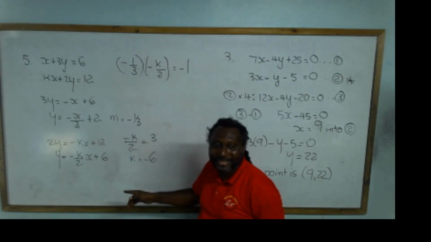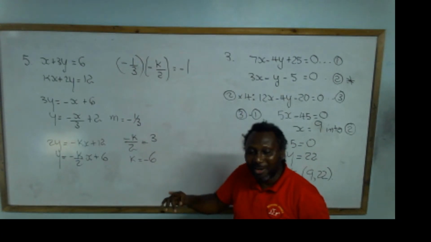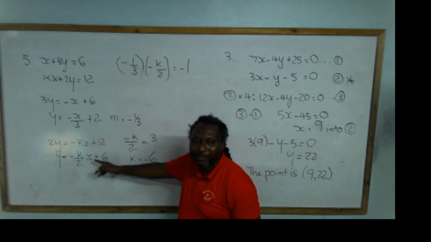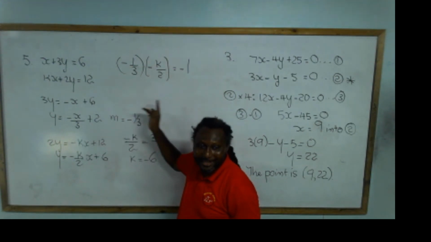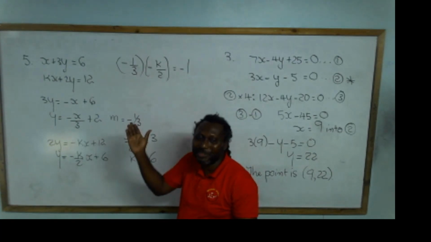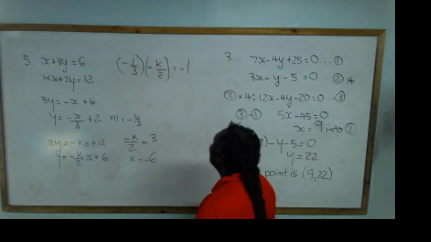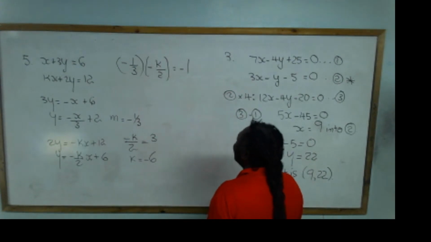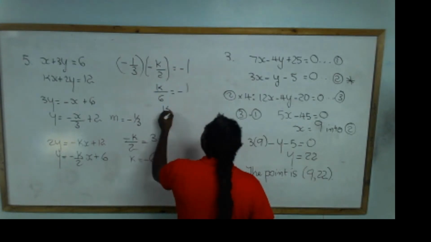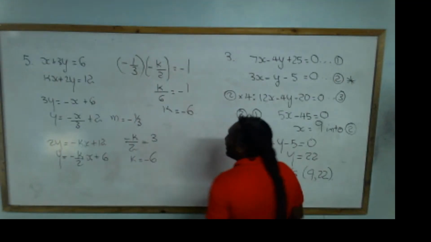That is one way of doing it. Or, the gradient for this is negative 1/3, and the gradient for this is negative k over 2. When you multiply them, you should get negative 1, because when you multiply the gradients of perpendicular lines, the result is negative 1. So, k over 6 is equal to negative 1, so k is equal to negative 6.